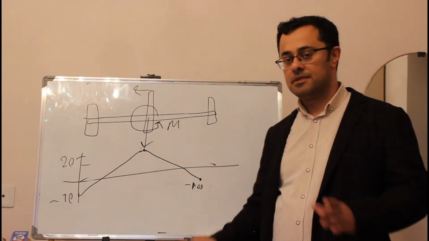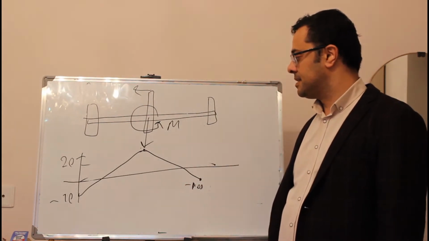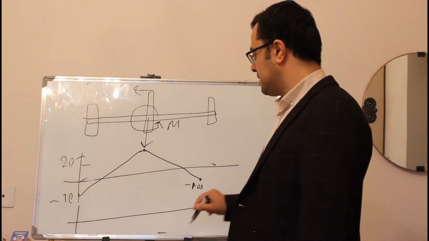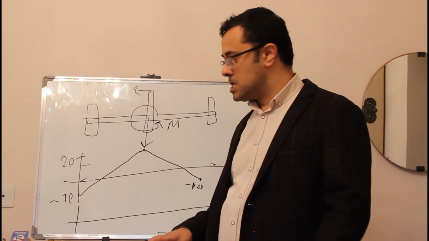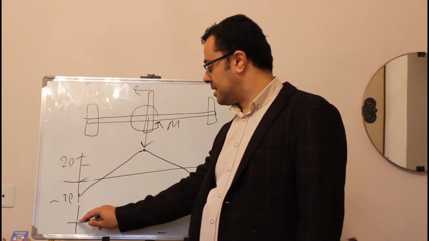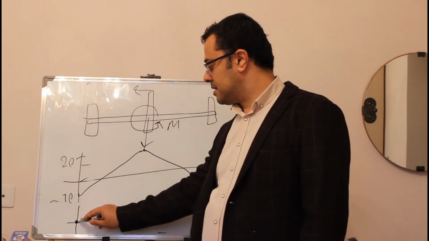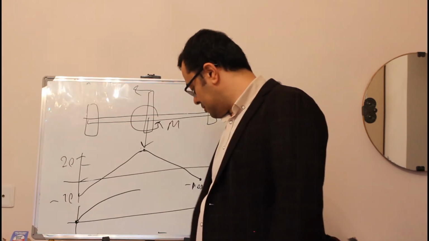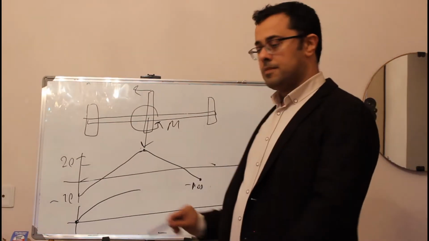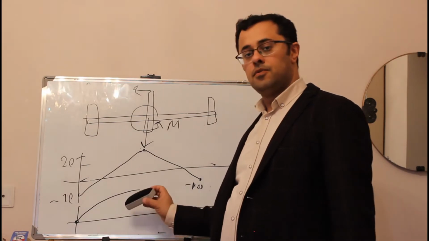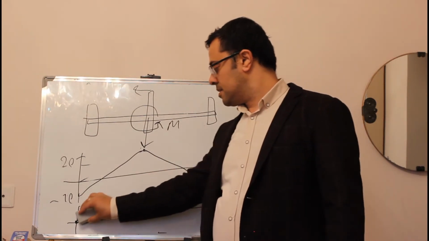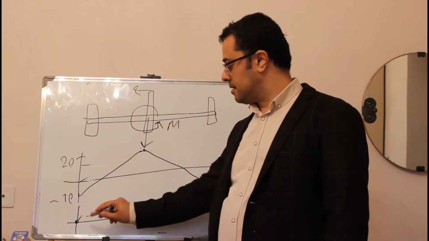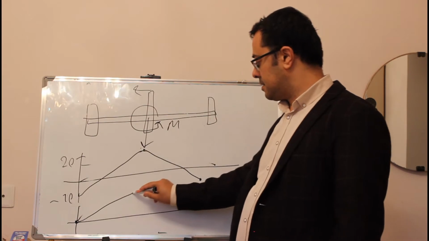So the force diagram is something like this, and the moment diagram, I draw it under it. It's 0 at the end, it goes like this, and in the middle, I'm not sure about this. It was a mistake, because this one is for distributed load. Ours will be much different than that. It will be this.